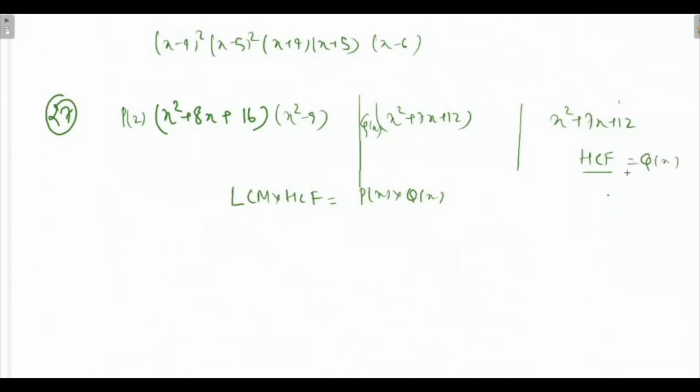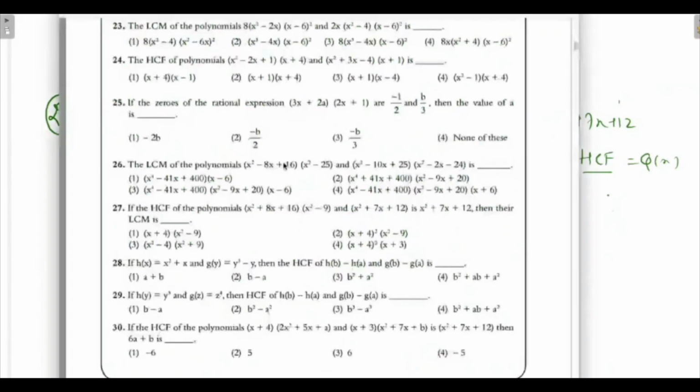So now if I'm writing LCM into qx, because HCF was qx itself and px into qx itself, so qx is gone. So LCM is this polynomial itself. So x square plus 8x plus 16 into x square minus 9 would be the LCM.